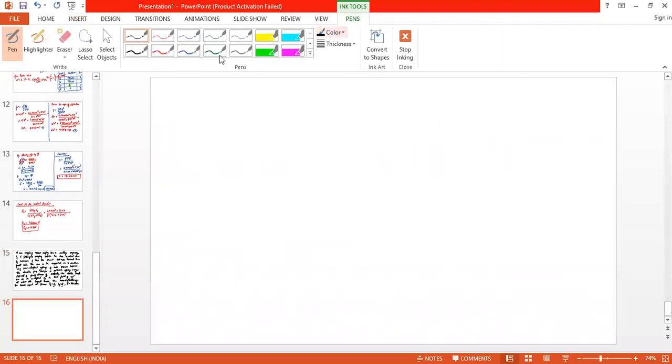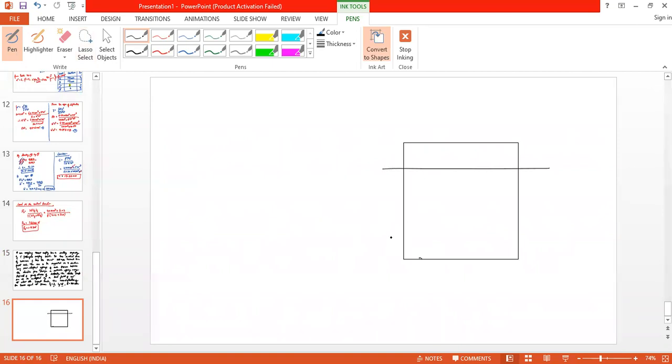So here, if I say this is a car, this is the front axle, and this is the rear axle. There is a CG.